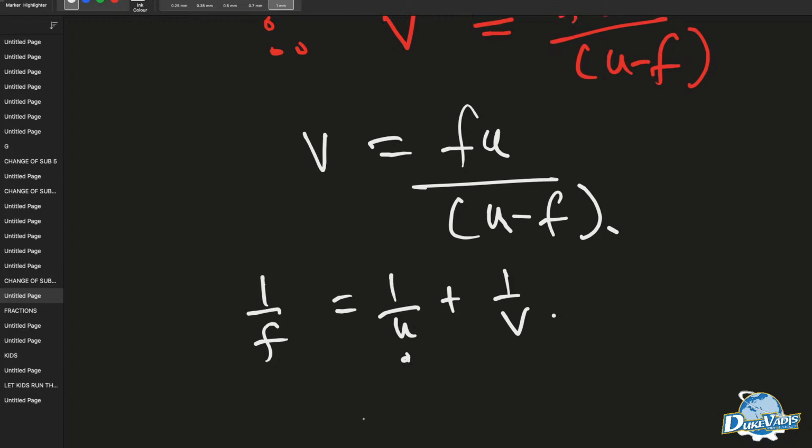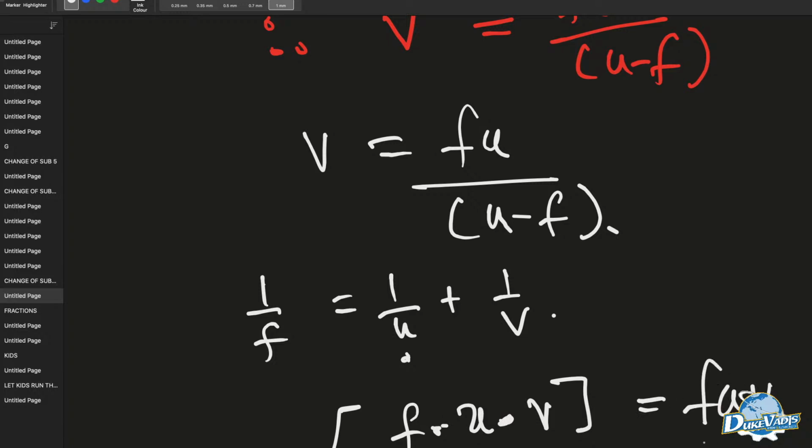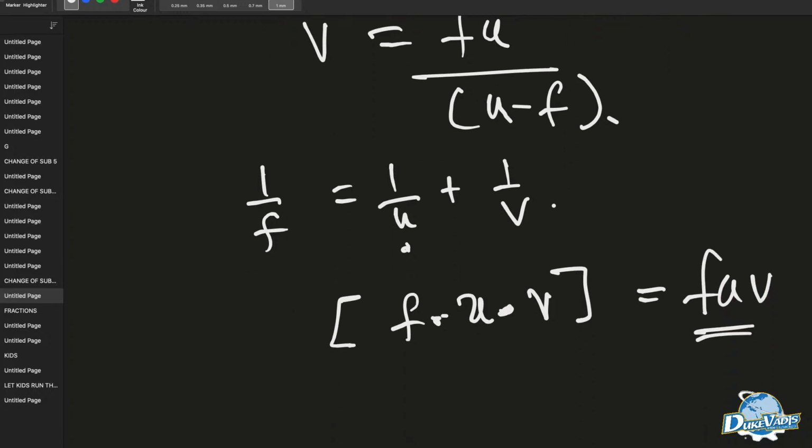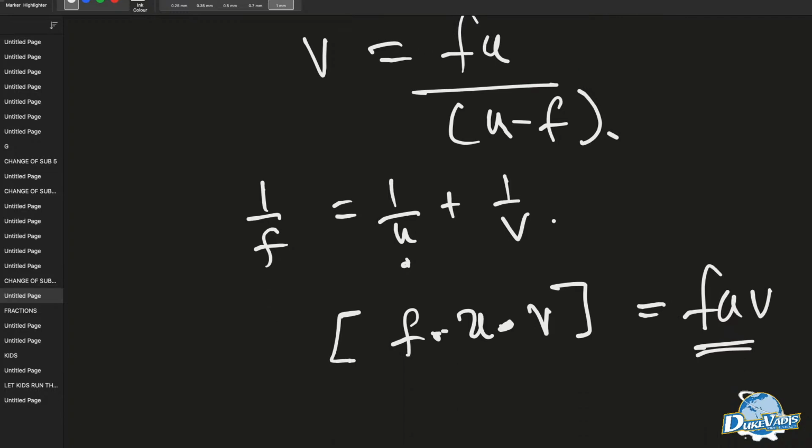So our denominator will be f multiplying u multiplying v. So the dot here is multiplying. So our denominator will be what? FUV. Friends? So what do we do? We are going to multiply through the whole equation by FUV.